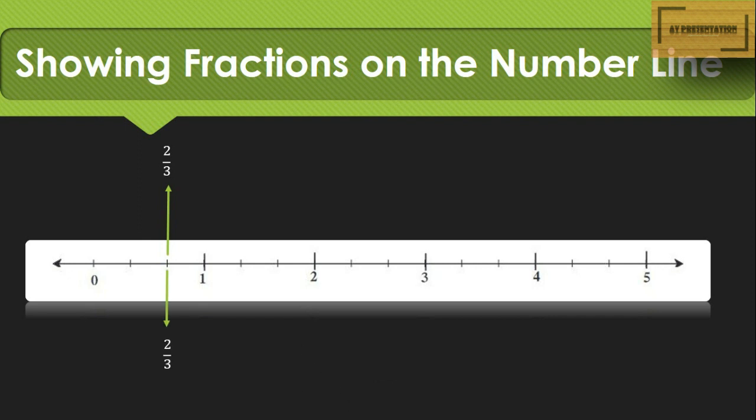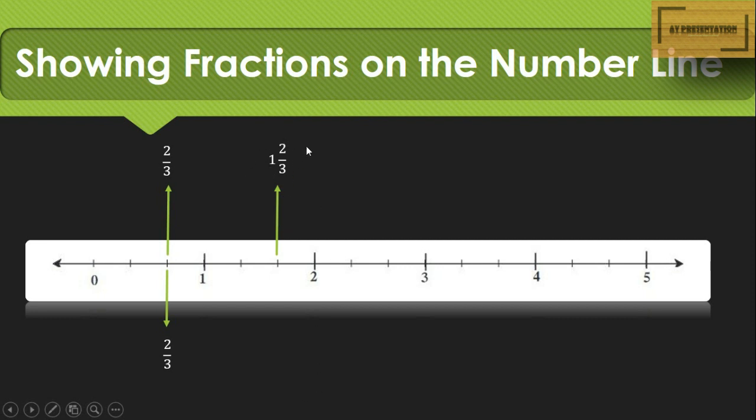In this example, we have learned how to show an improper fraction and also a mixed number. In an improper fraction or a mixed number, you can show that fraction at that place. Now here the complete number is 1 and then 2 marks. So the numerator is 2 and the denominator is 3, because from 0 to 1 there are 3 marks.